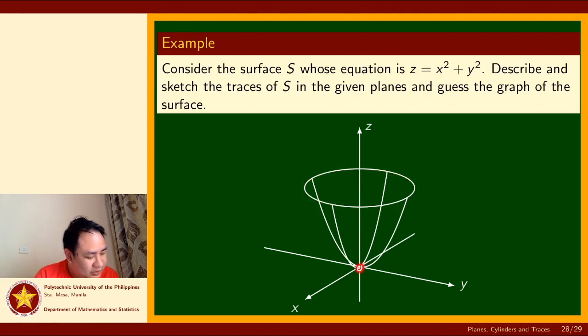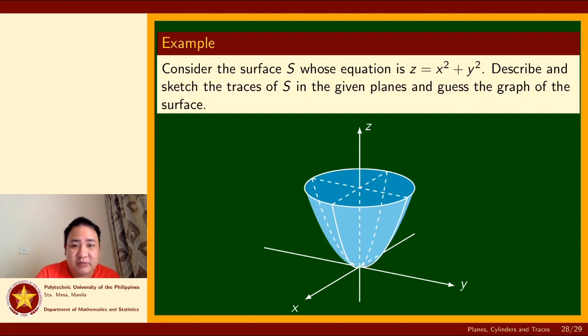In fact, your trace in the xy plane is this, a single point. In fact, as you move upward and upward, as the value of c gets larger and larger, your circle gets bigger and bigger in radius. Can we now guess what the graph looks like? Well, upon shading and labeling some important points, this is the graph of our equation.